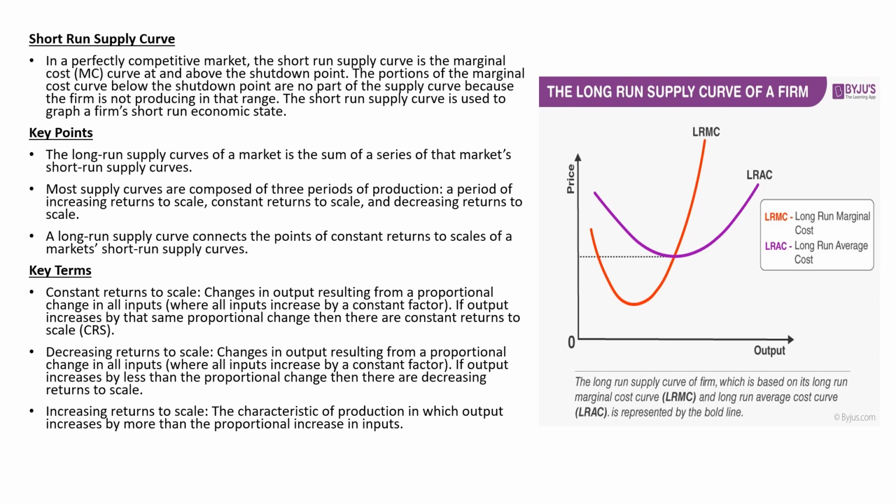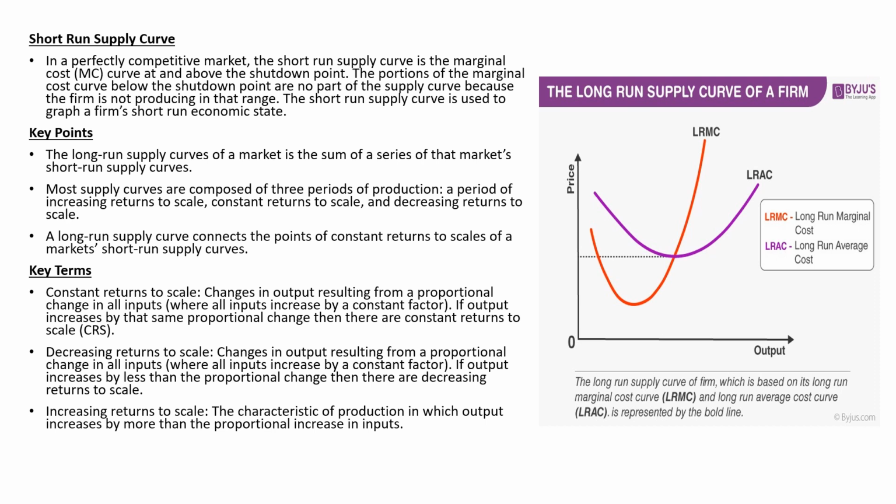Now the long run supply curve of a market is the sum of a series of that market's short run supply curves. Most supply curves are composed of 3 periods, like I described, which is a period of increasing returns to scale, where adding more and more workers increases the productivity.